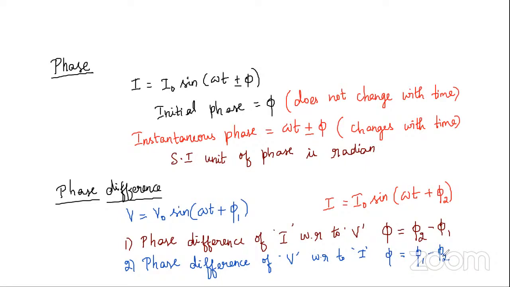That's the difference here. Both are not the same. When you want to find the phase difference of I with respect to V, you need to use this formula. When you want to find the phase difference of V with respect to I, you need to use this formula. You should be careful regarding the order of appearance of both these phases. Here phi 2 minus phi 1, here phi 1 minus phi 2.